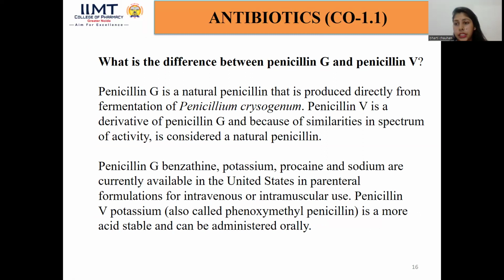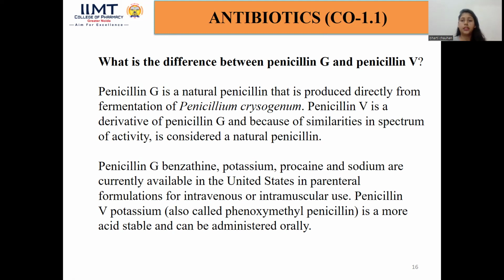Here is the difference between these. Basically, penicillin G is a natural penicillin. Only this is a natural penicillin. But we also include penicillin V because penicillin V is synthesized with the help of penicillin G. It means we have made some modification to the structure of penicillin G, and then we acquired penicillin V. That is why we also include penicillin V in natural penicillin, because the structural similarity is very high.